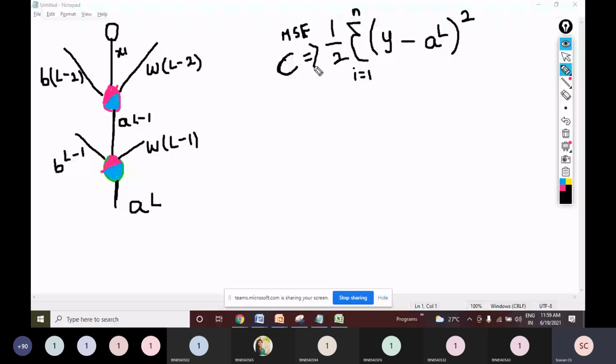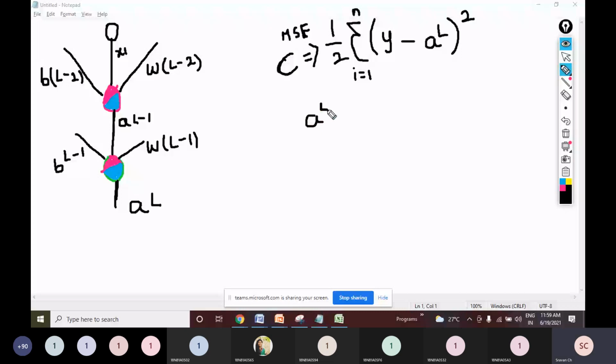Now I will write some calculations. Coming to my last output layer, A of L, can anybody tell what will be the value of A of L? It has got two parts, pink and blue.